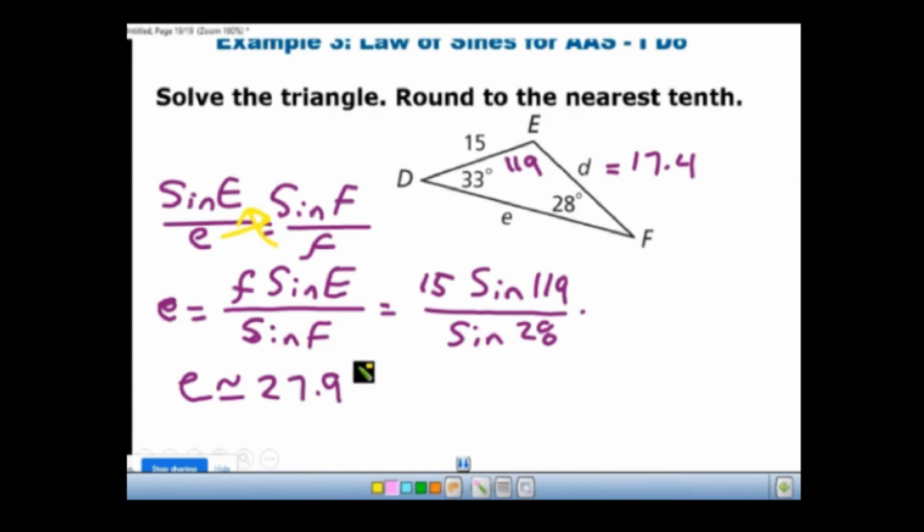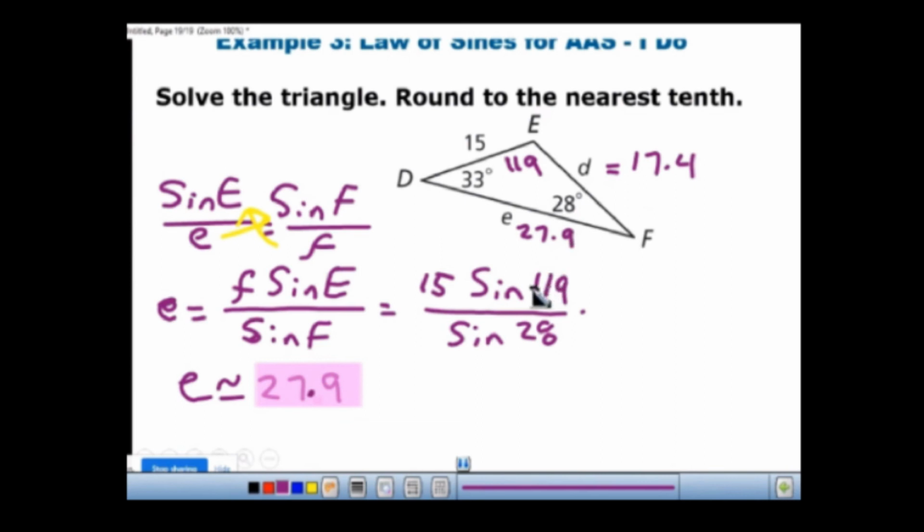Okay, hold on a second. 27.9. So basically, you're saying that this side here is 27.9. Does that make sense? Well, let's logically check.